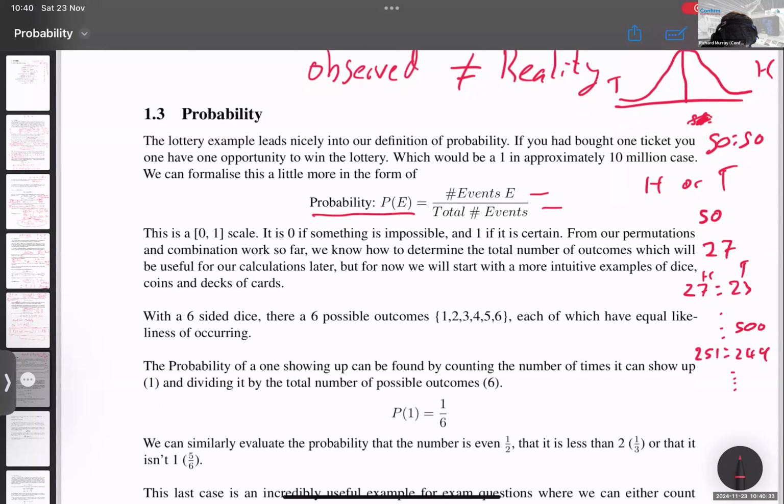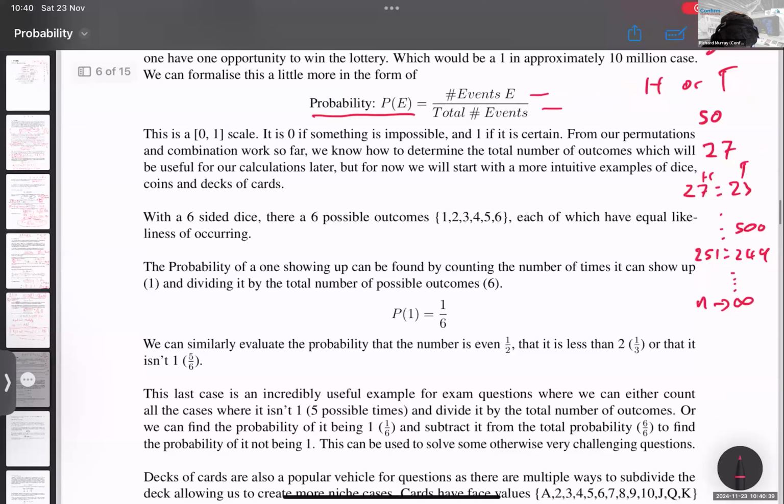So as our number of samples, n, the number of flips, goes to infinity, our observed probability, so our relative frequency, goes towards the true probability. So the measured probability goes to true probability.